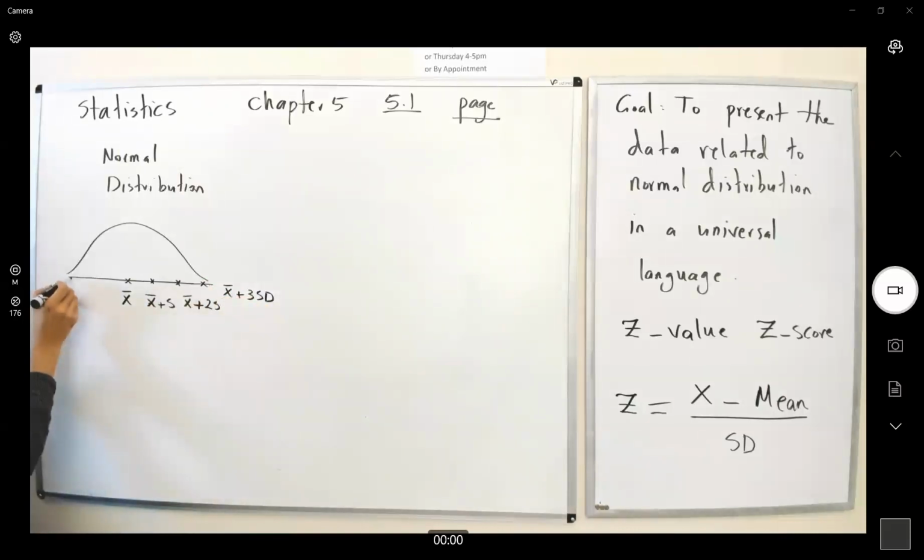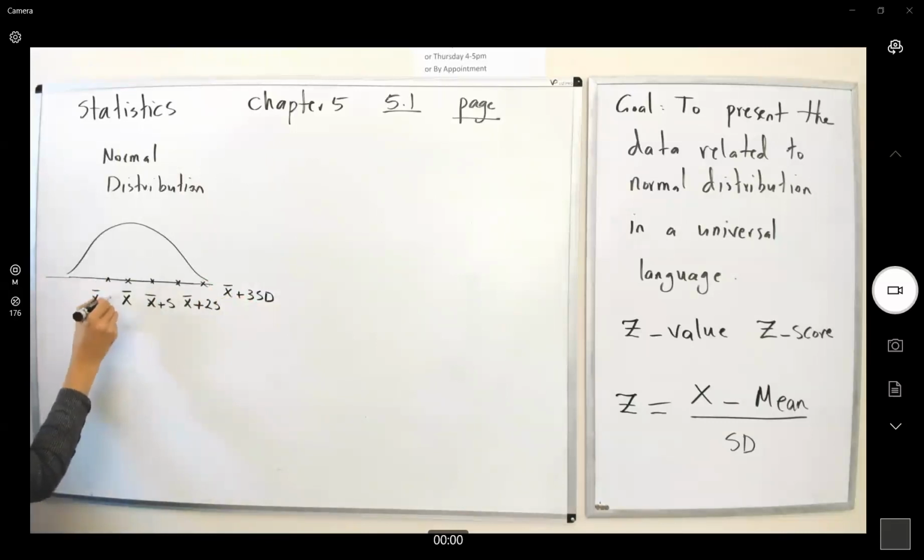On the left-hand side, we have subtraction, x bar minus 1 standard deviation, x bar minus 2 standard deviation, and finally here you get x bar minus 3 standard deviation. Very well.